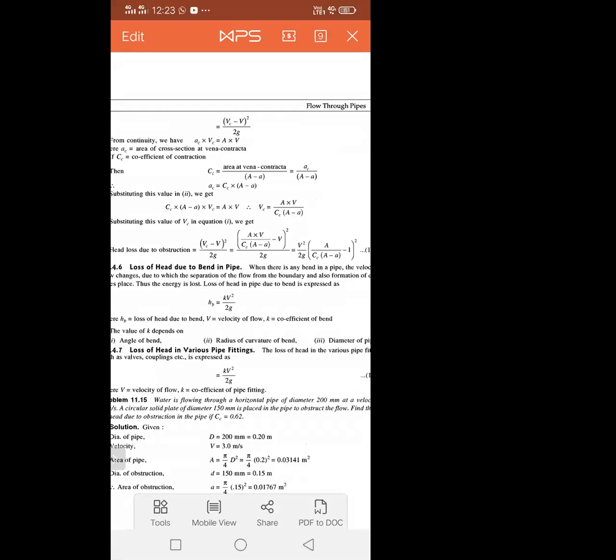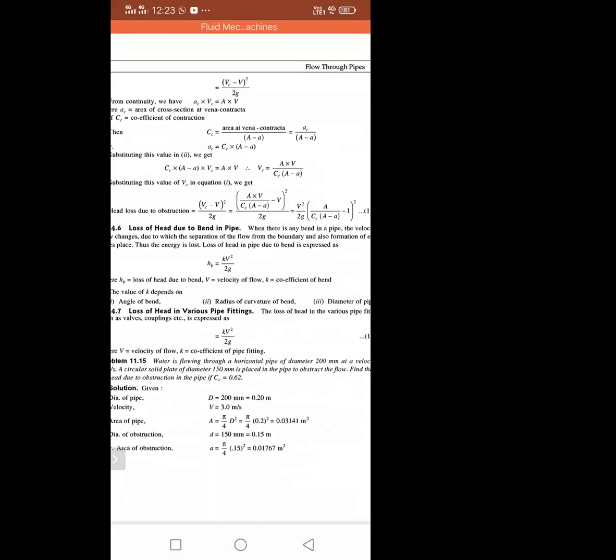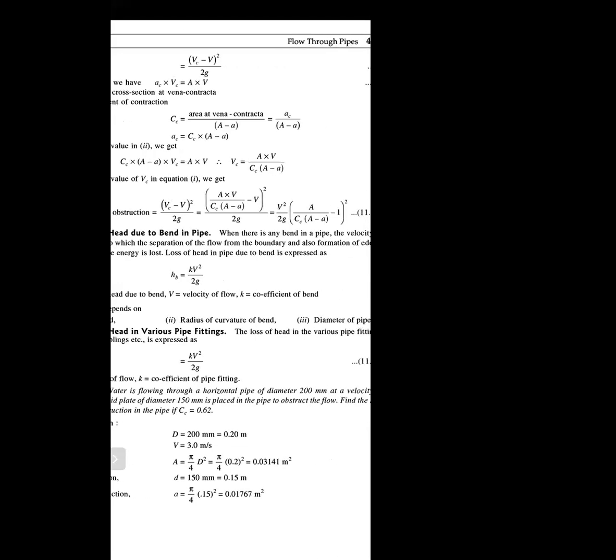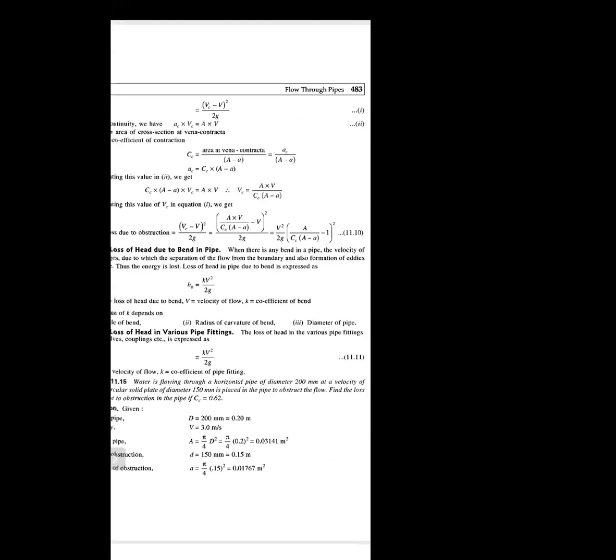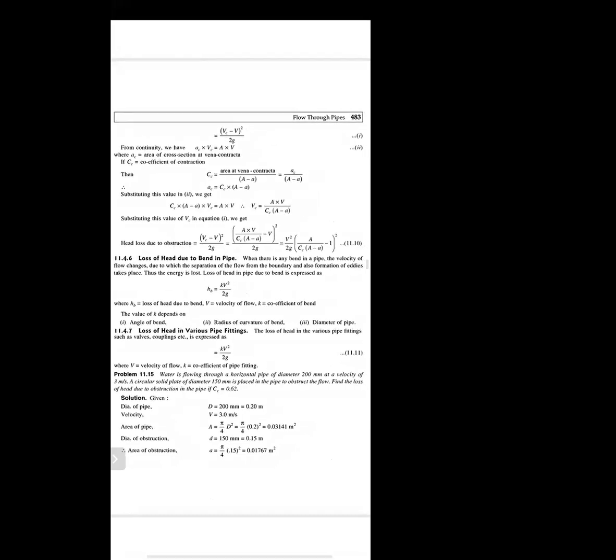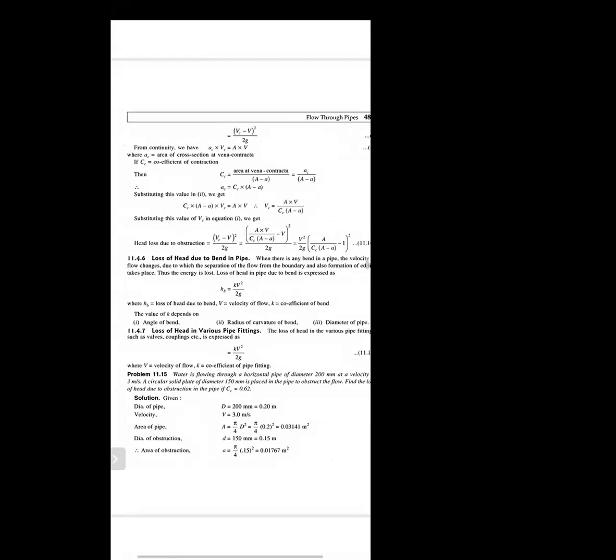Okay, then last minor loss is loss of head due to pipe fitting. Pipe fitting losses or the loss of head in various pipe fittings such as valve fitting, coupling are expressed as HF is equal to kV square upon 2G.